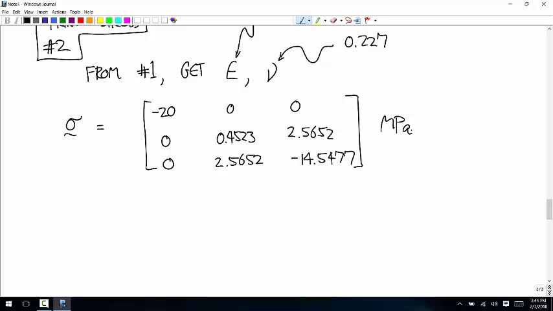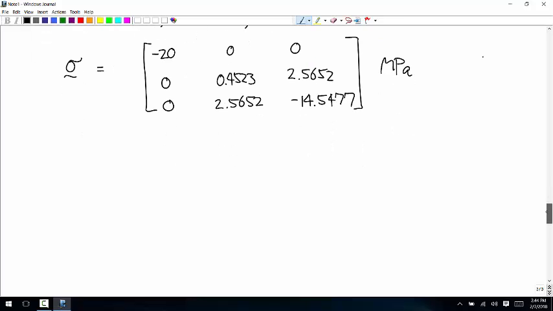And it asks for the principal stresses and the corresponding principal axes. So if you have a calculator that'll do this for you, you can just calculate this as eigenvalues of this matrix.